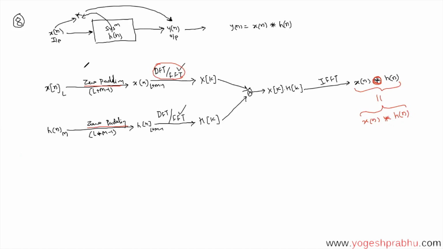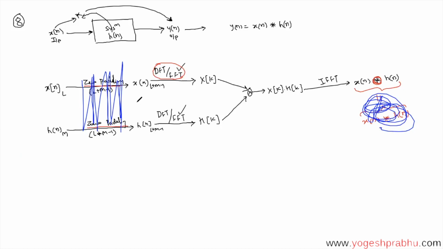If we would have skipped this step, then we wouldn't have got this, and the answer would have been just circular convolution. We want to find linear convolution, so we have to ensure that we do the zero padding.